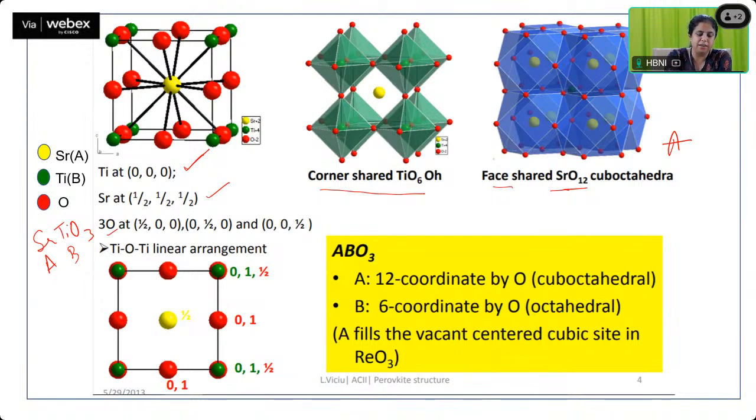Oxygens are at the edge center: half, 0, 0; 0, half, 0; and 0, 0, half. 12 oxygen, each edge contributing 1 by 4, 12 into 1 by 4, 3 lattice points, and this is what you have. The formula comes out to be 1 A, 1 B, 3 oxygen.